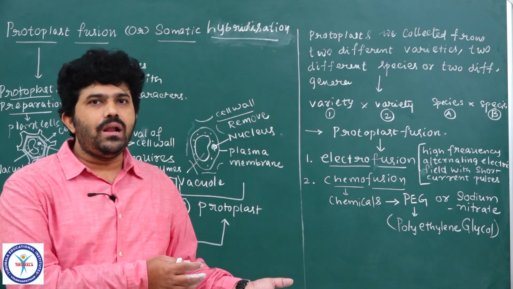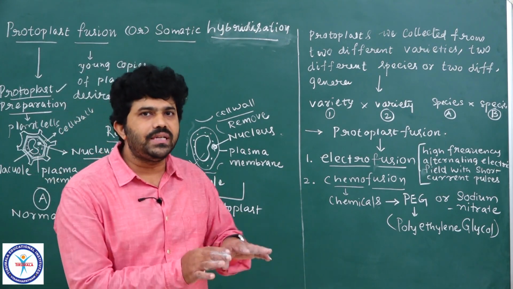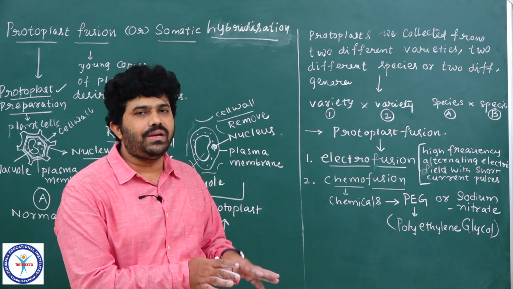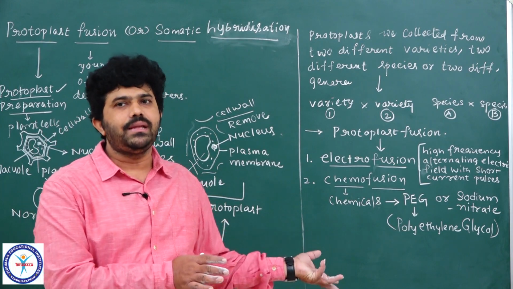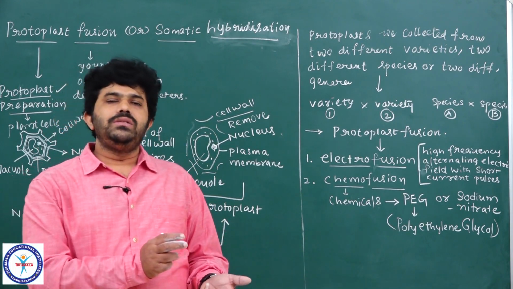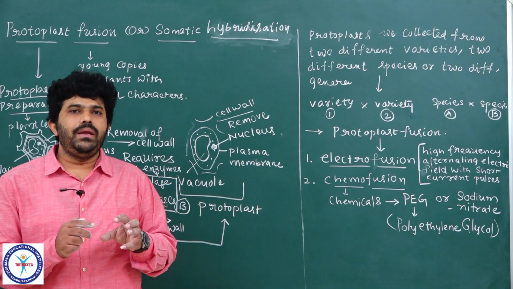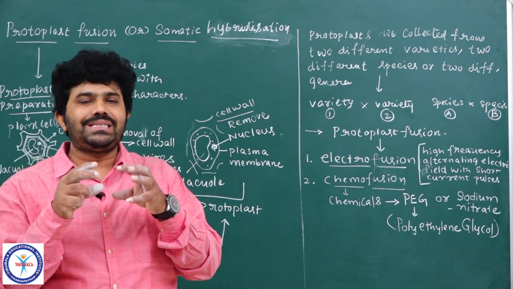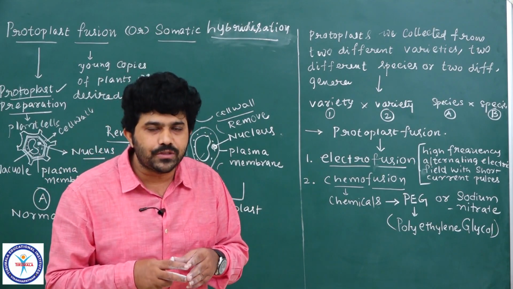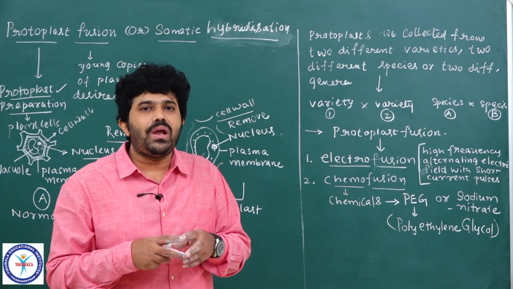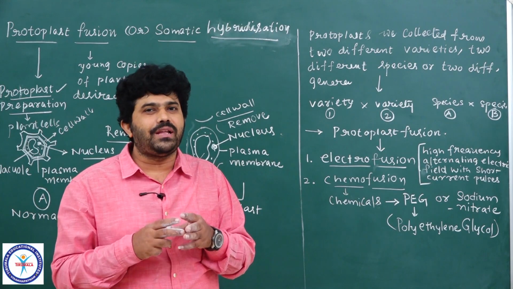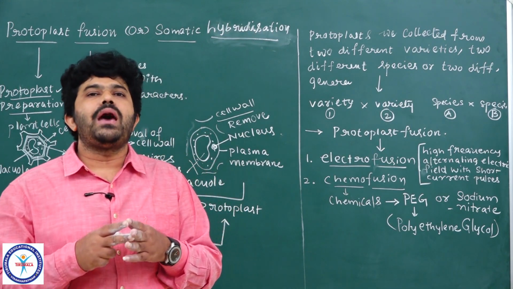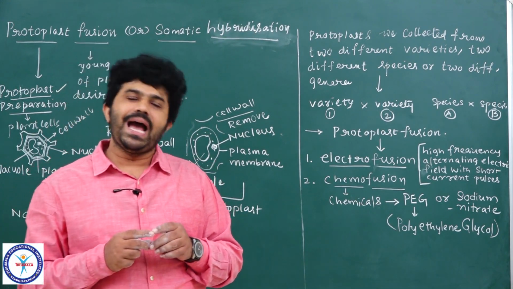So by providing those factors, either electrically or chemically, means electrofusion or chemofusion, we complete the protoplast fusion. The new cell formed after the fusion of two protoplasts is called a hybrid.